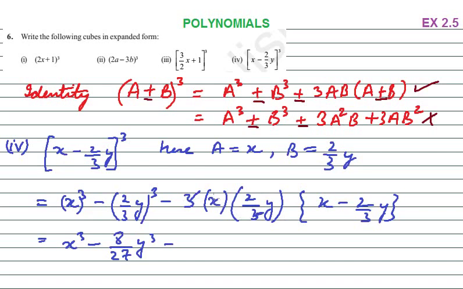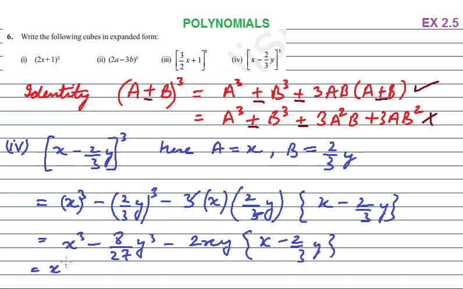Why? Because it was the same term. But you cannot cancel this 3 with this 3 because these are two different terms. So be very careful in these small things. 2 into x into y. So we are left with 2 into x into y. Here we have x minus 2 by 3 times y.